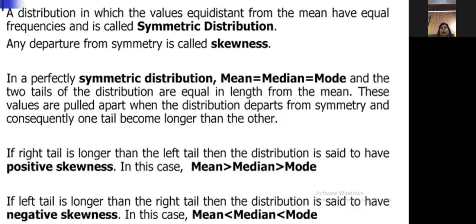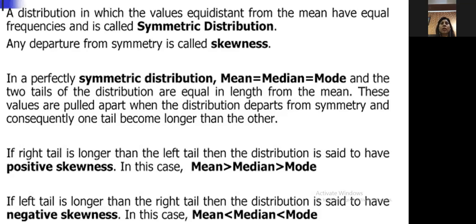So now we will define what is a symmetric distribution. A distribution in which the values equidistant from the mean have equal frequencies is called a symmetric distribution.